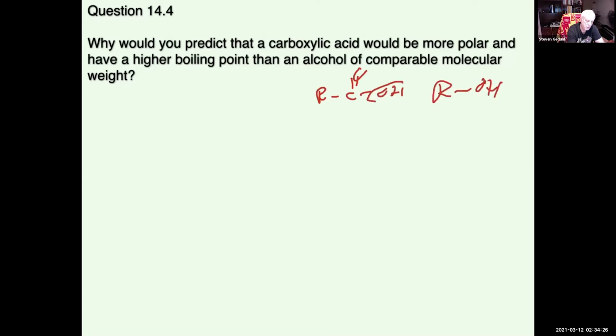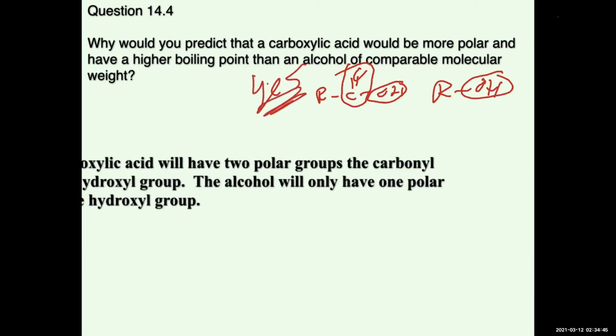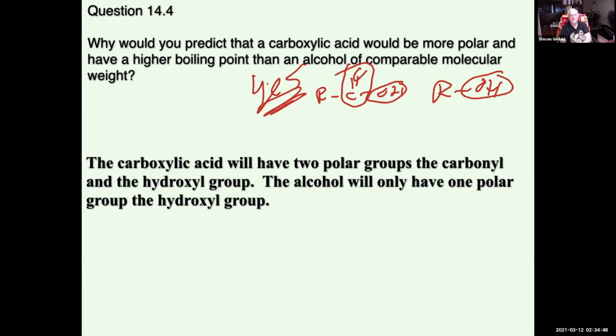Again, polar group, hydrogen bonding, and an extra polar group. That extra polar group gives you more polarity and a higher boiling point than the comparable molecular weight alcohol. So same thing. You still answer yes, right? Everybody would answer yes. Okay. So the carboxylic acid would have the higher boiling point. Alcohols only have one polar group, the hydroxyl group.